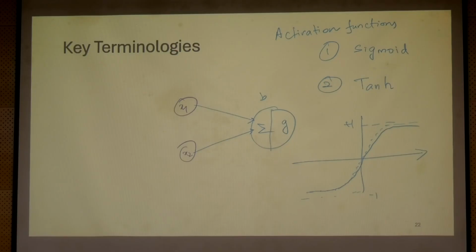It goes between 0 and 1, whereas tanh is centered around 0. So it's slightly advantageous in some applications. So this is tanh. You know the equation: e power x minus e power minus x divided by e power x plus e power minus x, right? Something like that. I don't remember now, but you can refer to the resource.